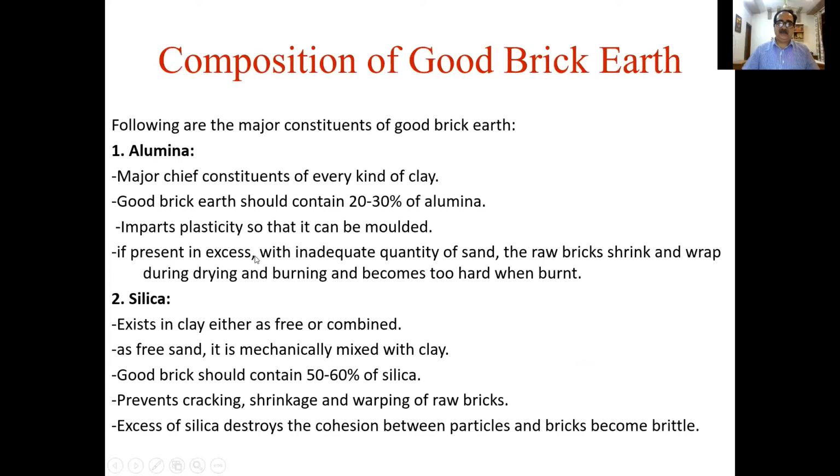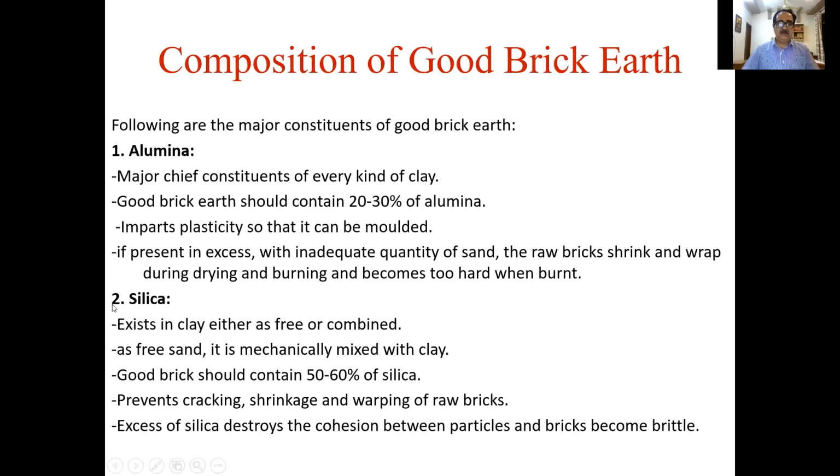If present in excess, greater than 20 to 30%, with adequate quantity of sand, the raw bricks shrink and warp during drying and burning and become too hard when burnt. So we can say that 20 to 30% is the optimum range of alumina. We can't go beyond this limit as it leads to defects in brick.